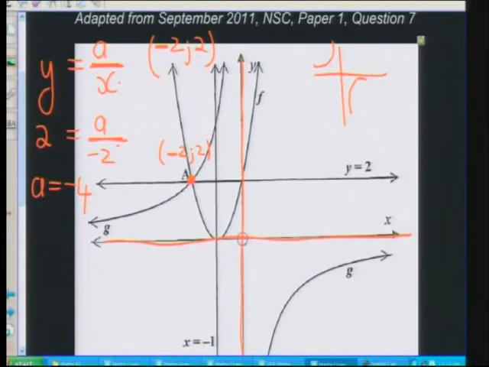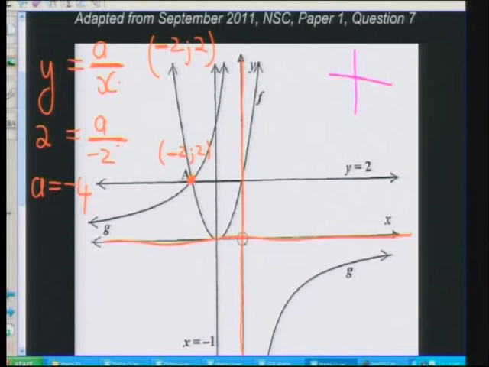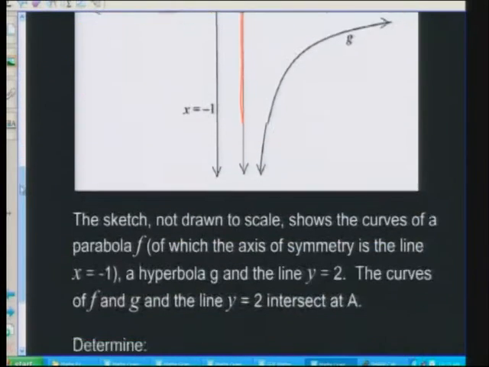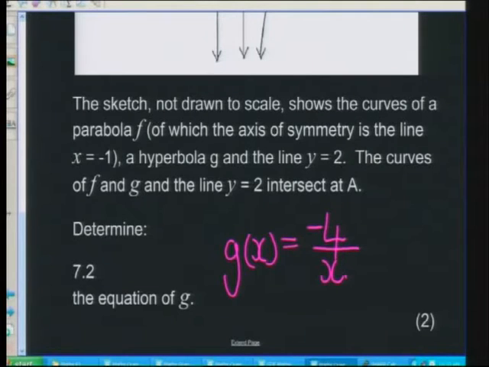Remember, if a is positive, my hyperbola will be in the first and in the third quadrant. So I've said that a is -4, but let me just write down the equation of g. I can then say g of x is equal to -4 over x. Plain and simple, nothing too hectic about that.